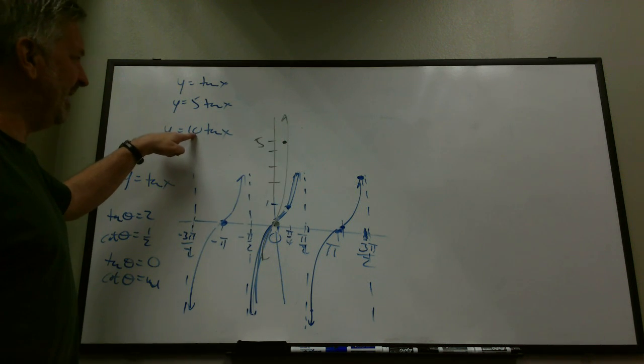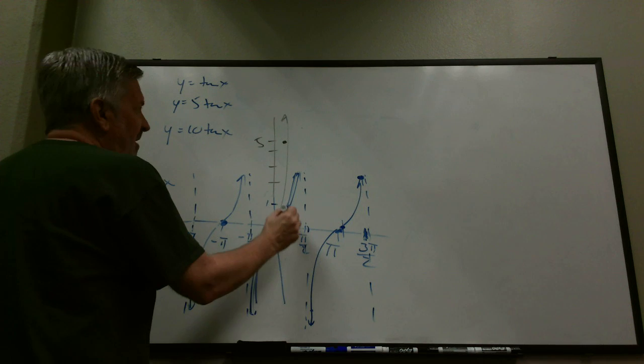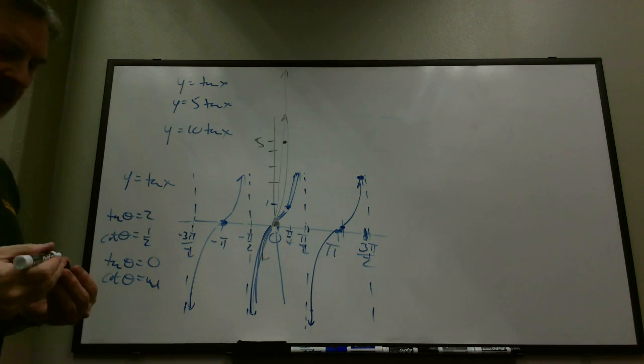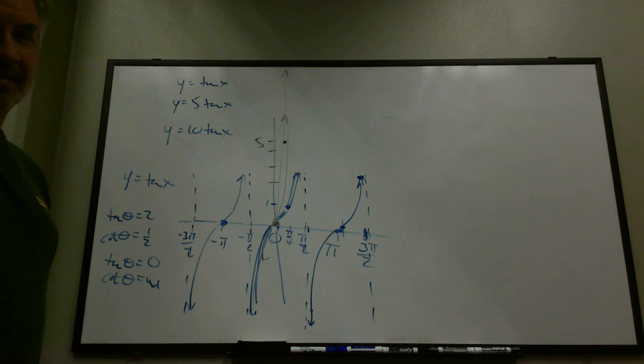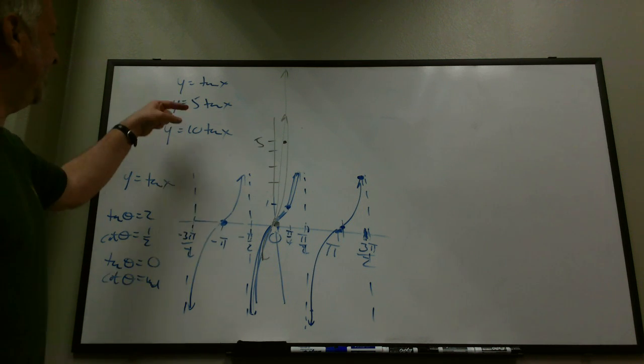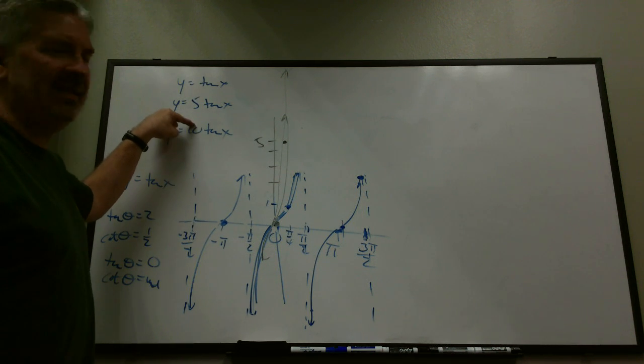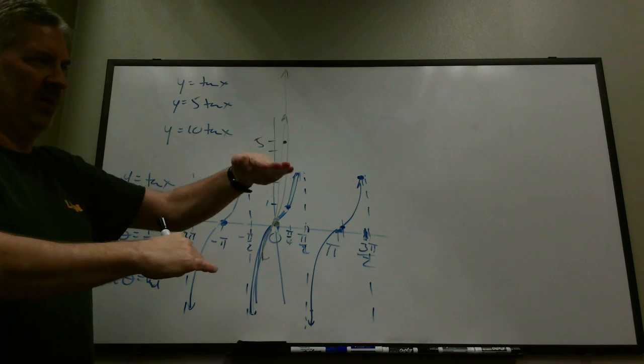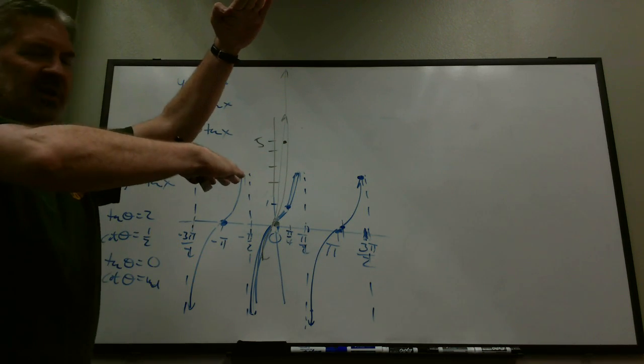Now what about 10 tan x? If I were to sketch that one, at pi over 4, we'd be up here at 10, and the graph is going to be even steeper, isn't it? Now that's hard to indicate. Notice it was easy to indicate with sin x, 5 sin x, and 10 sin x. That changed the amplitude. That was easy. You put a tick mark and just said it was at 1 or 5 or 10. We changed the amplitude.